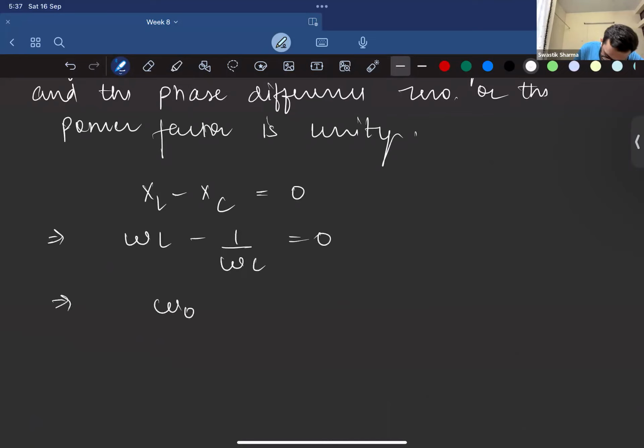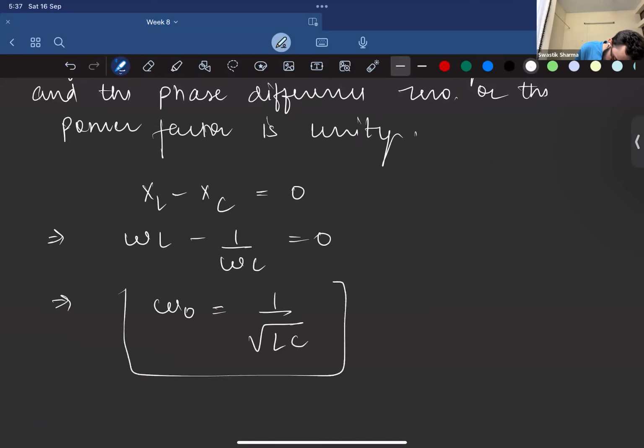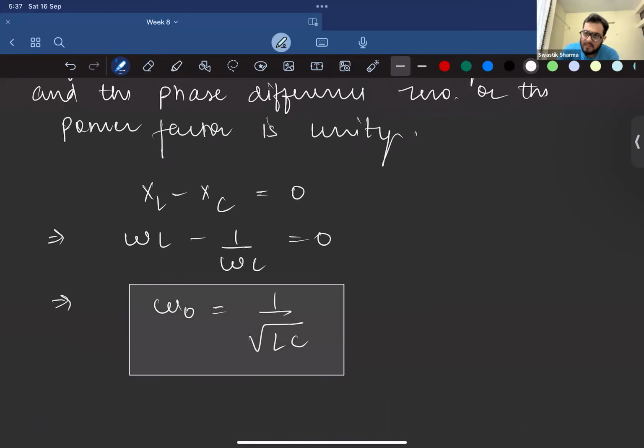That means at some omega naught frequency, which is 1 upon root LC, this condition may happen. So resonance is that particular frequency at which the impedance of the circuit becomes purely resistive.